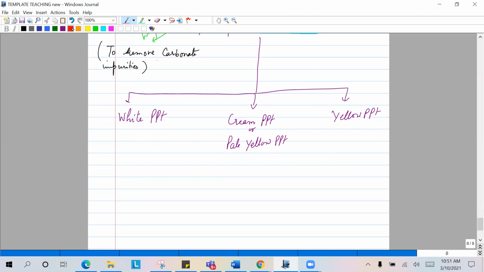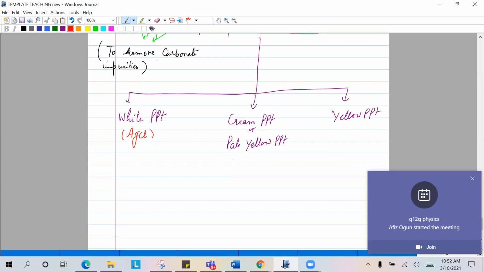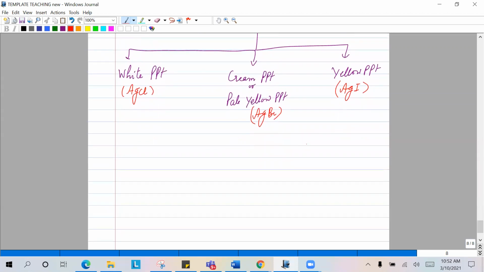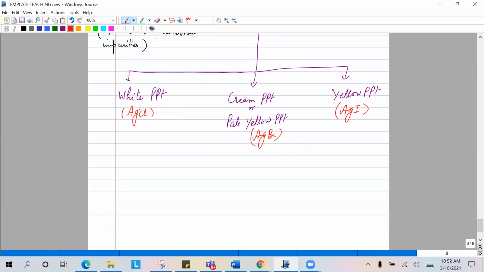Now, if it is a white precipitate, they may ask you which substance is responsible. The formula of the substance responsible is AgCl. For this, it is AgBr, and this is AgI. So these are the substances responsible. Now the problem is the colors are very close to each other, the cream, white, and yellow, so it is very difficult in the lab to differentiate between these colors.